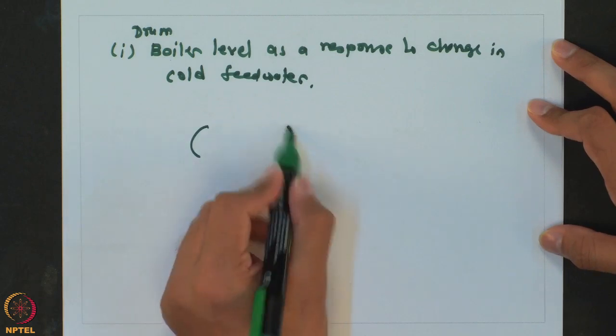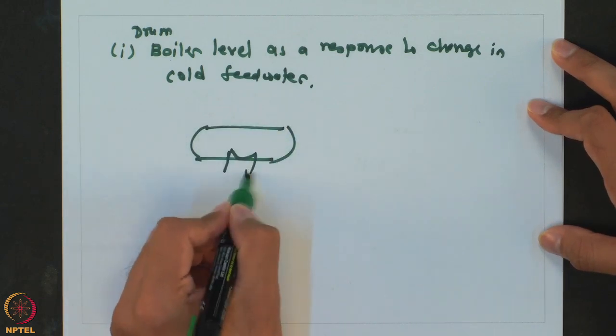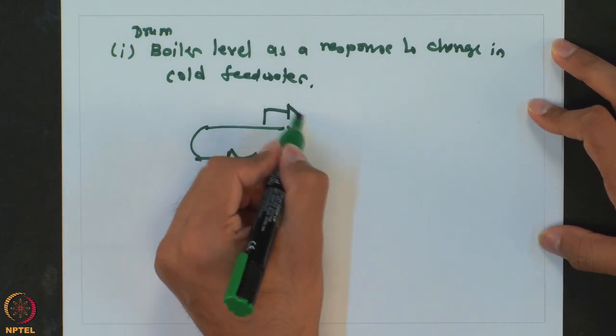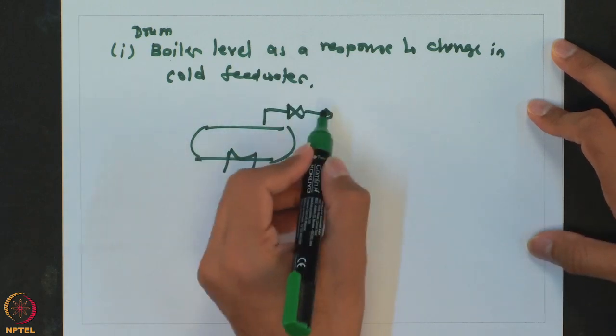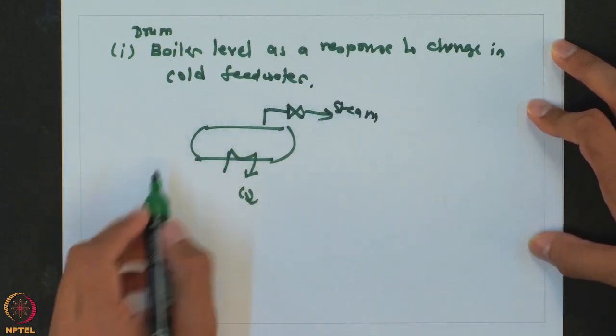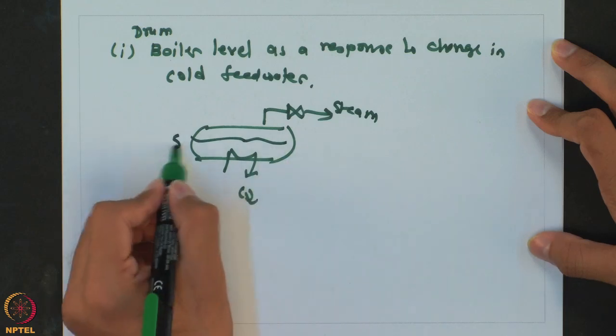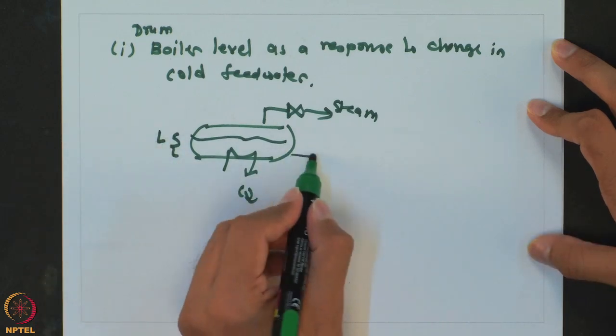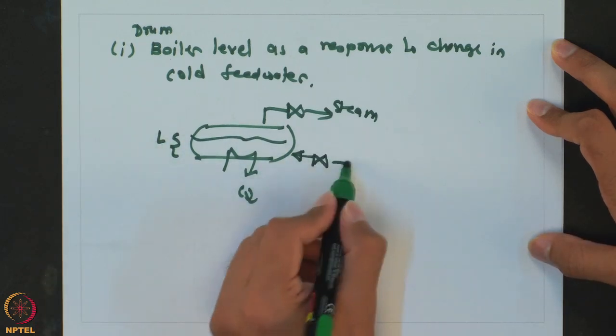So, if you have a boiler, this is the outlet for steam, and typically you want to control this level by changing the feed water.